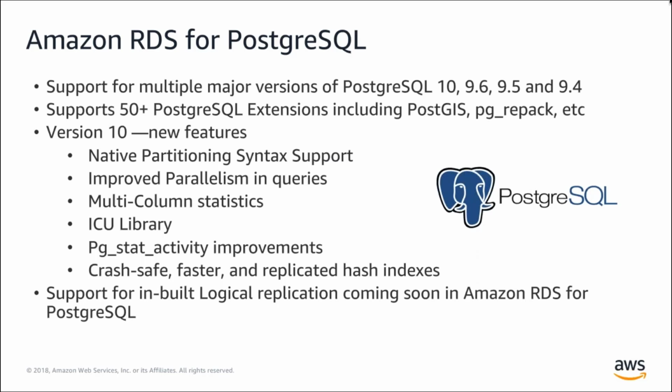It now has about 126 wait events supported in Postgres 10. And one of the new features that we will soon be supporting for Postgres 10 is inbuilt logical replication, which would allow you to pick and choose which tables to replicate to another Postgres 10 instance.